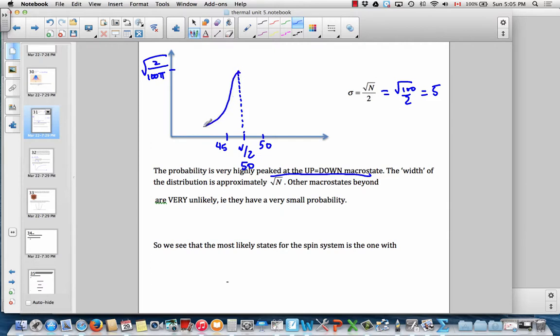And so here will be our probability distribution. The probability is going to drop off very quickly once we're outside this range. So these will be our most likely outcomes. Other macrostates out here are very unlikely. So the most likely state for the spin system is one that's very close to up equals down.